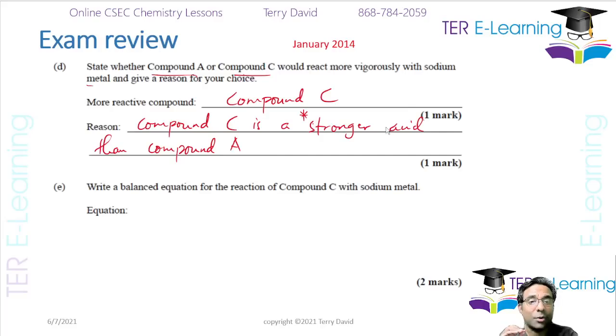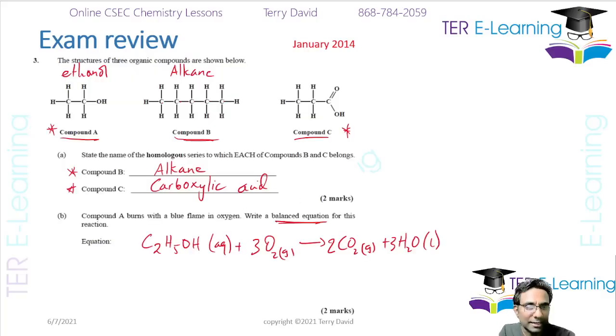These acids are what we call weak acids, and they are partially ionized in aqueous solution, right? But what I'm doing, I'm comparing compound A, which is an alcohol, and compound C, which is a carboxylic acid, right? And they want us to write a balanced equation for the reaction of compound C. So here's what I like to do when they give me a structure like this.